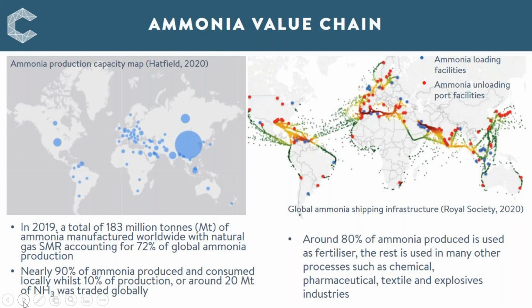Coal gasification-based processes, which are mainly found in China, produce around 26% of ammonia. Fossil fuel-based ammonia production today is generally unabated. Less than 1% of ammonia is made using electrolysis.